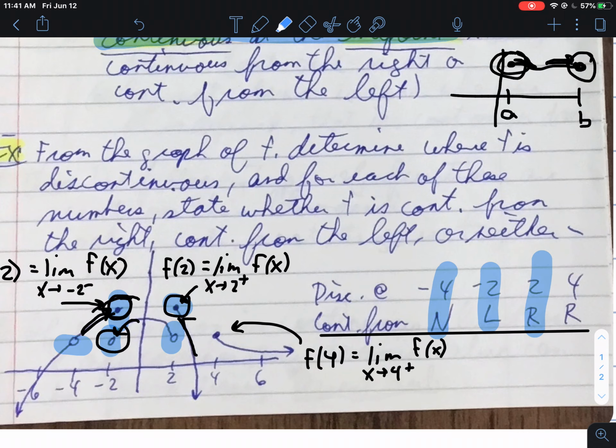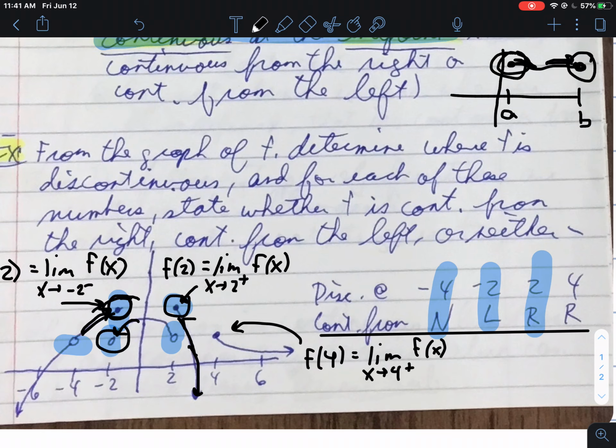And then the same thing happens at 4. In this case, the left side is shooting off as x approaches 4 from the left. Our limit is -infinity. Remember, we said the limit does not exist, but we could describe it by saying the limit as x approaches 4 from the left is -infinity.